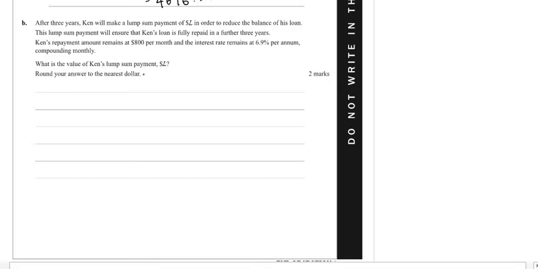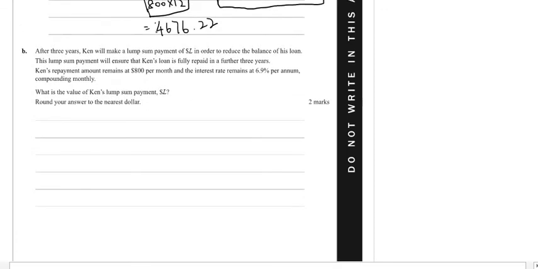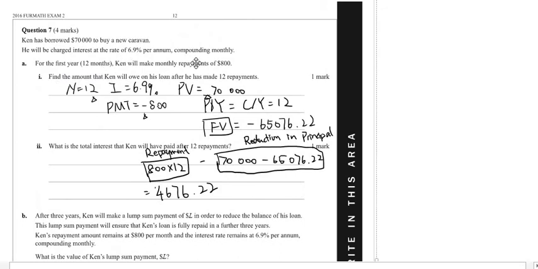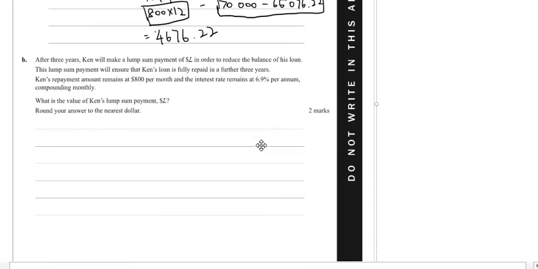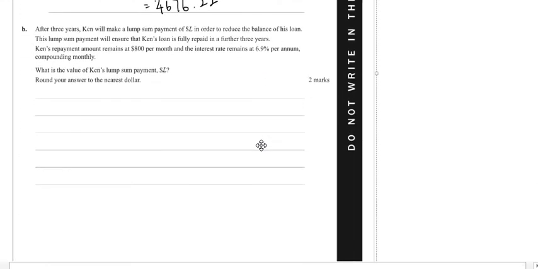So there are two parts of this question. Now the first part is, instead of in the previous one, where we calculated his balance after the first 12 months, now we need to find out how much he's still owing after 3 years, so after 36 months.